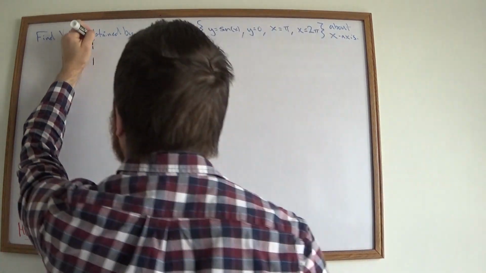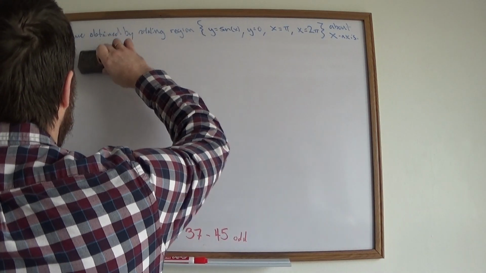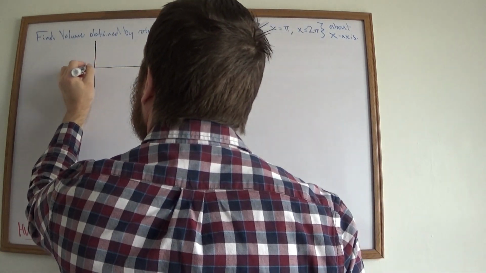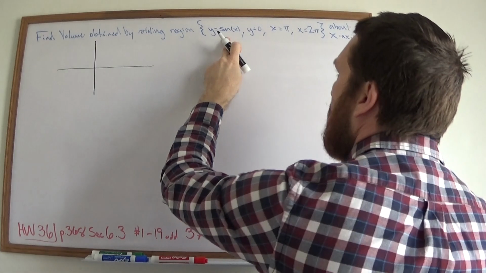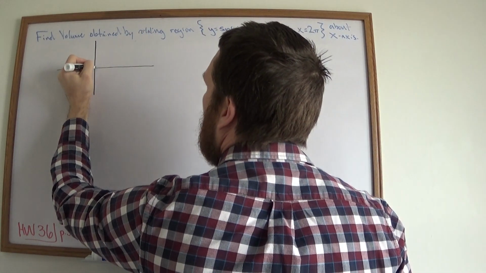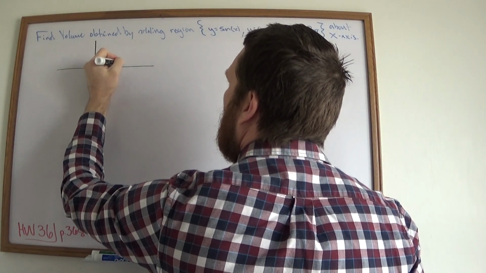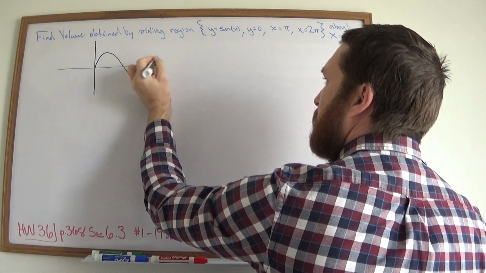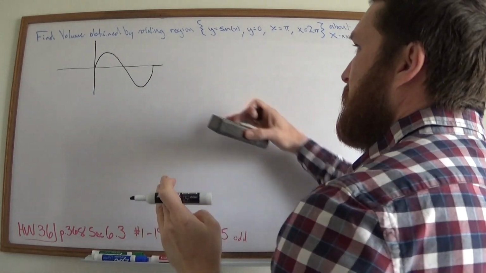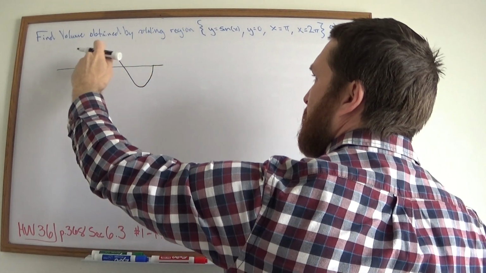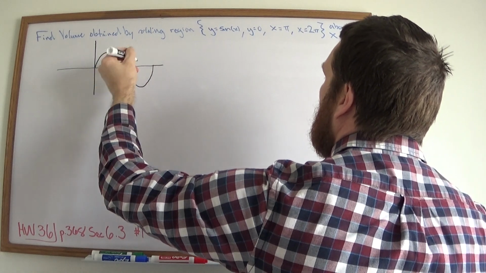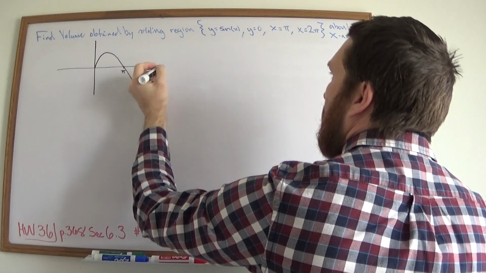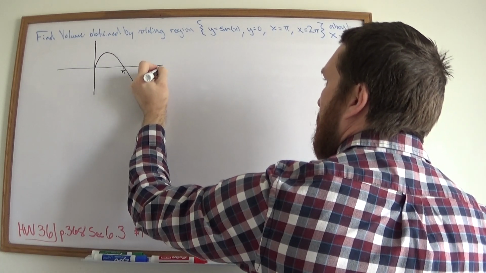So first off, let me come right over here. Sine is one of them. I'll start with sine. There's sine, and it keeps going forever and ever. But y is 0, so that's the x-axis. x is pi, so here's pi, and x is 2 pi.